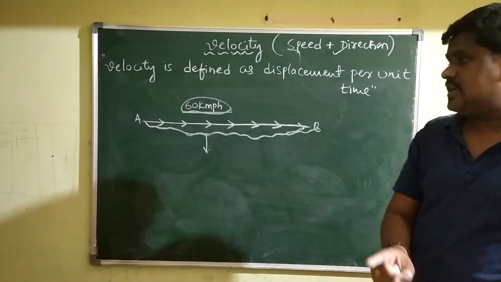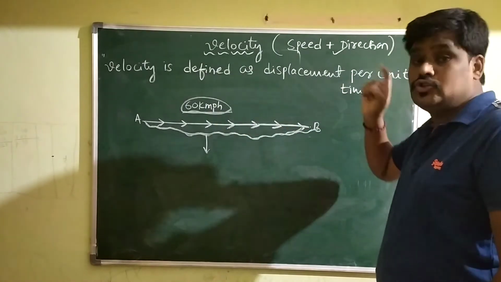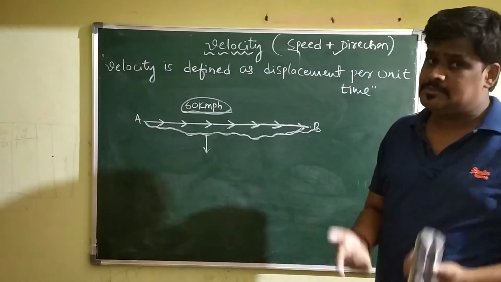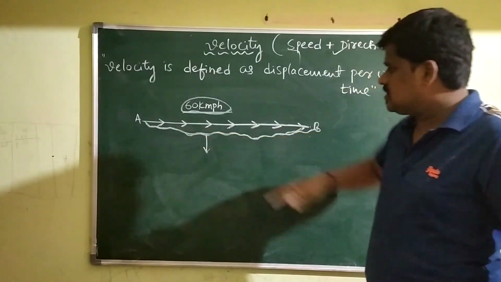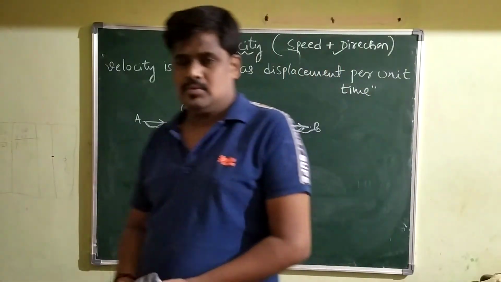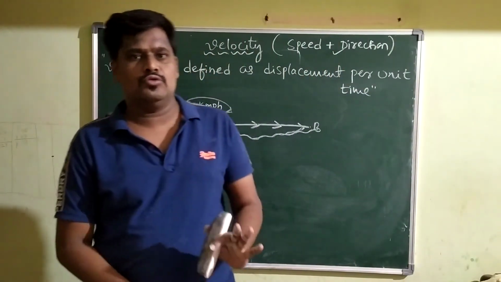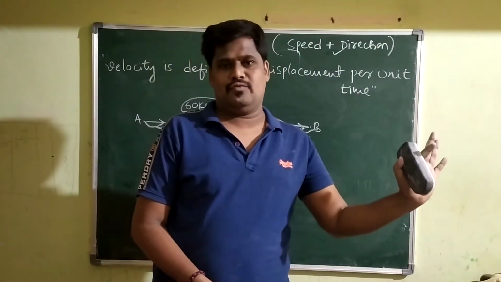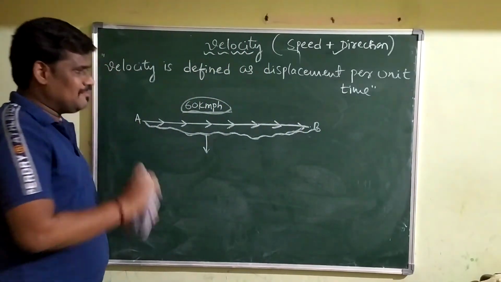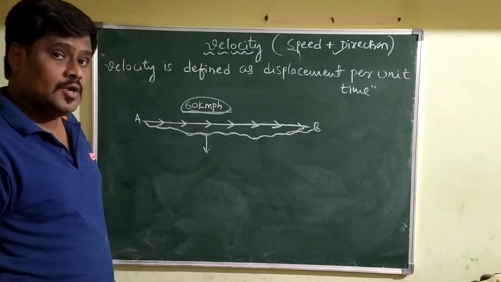Then only I can say that the body has uniform velocity. Suppose the body is moving with the same speed, but its direction is continuously changing, then we use the term that the body is moving with a non-uniform velocity. Got my point? So that is the major difference between speed and velocity.